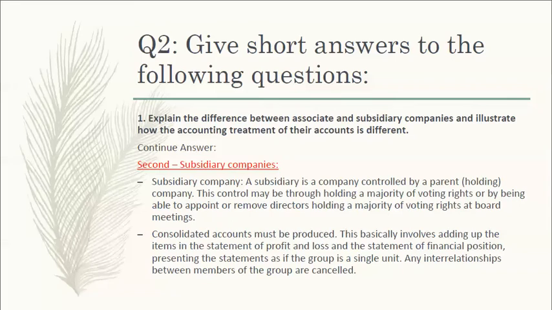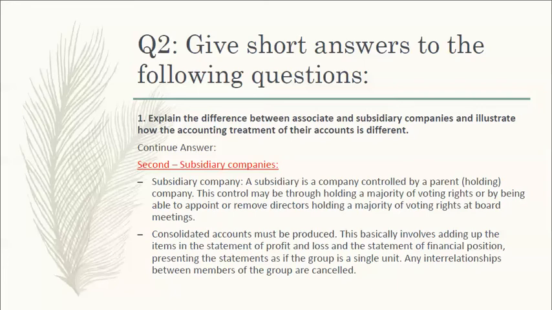Second, consolidated accounts must be produced. This basically involves adding up the items in the statement of profit or loss and the statement of financial position, presenting the statements as if the group is a single unit. Any interrelationships between members of the group are cancelled.